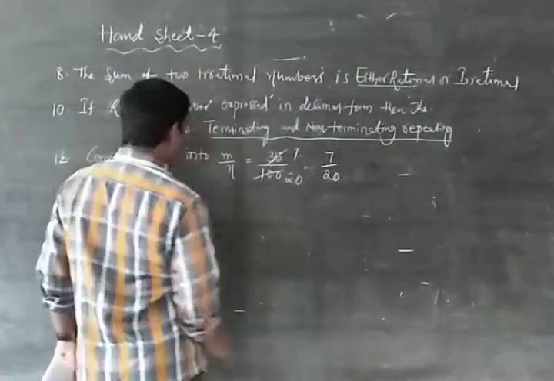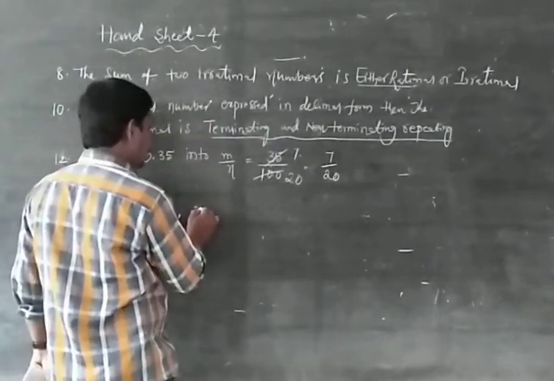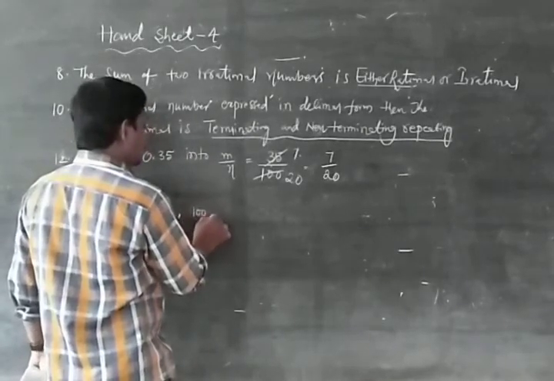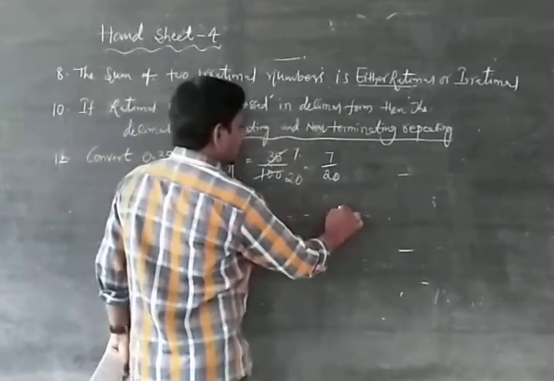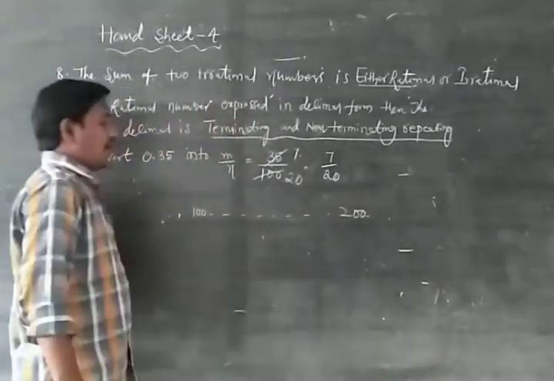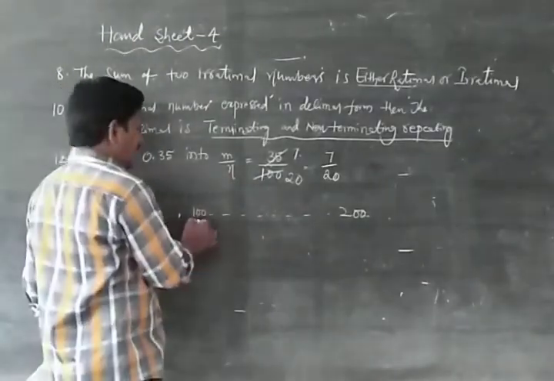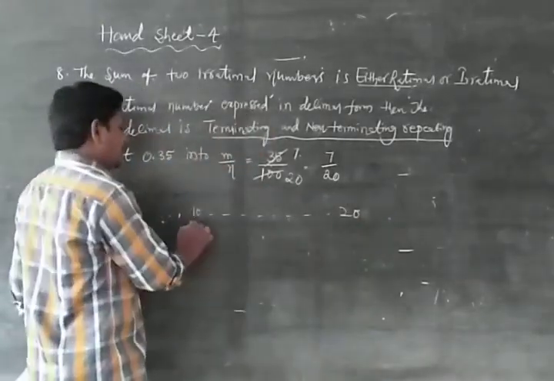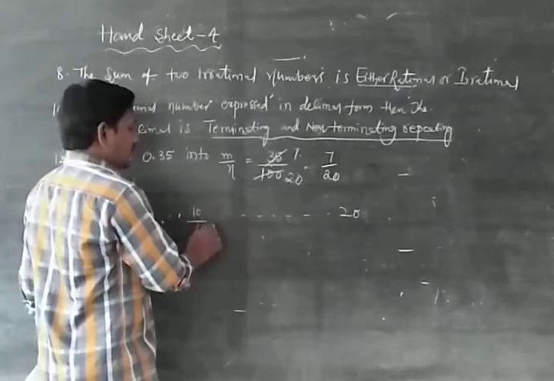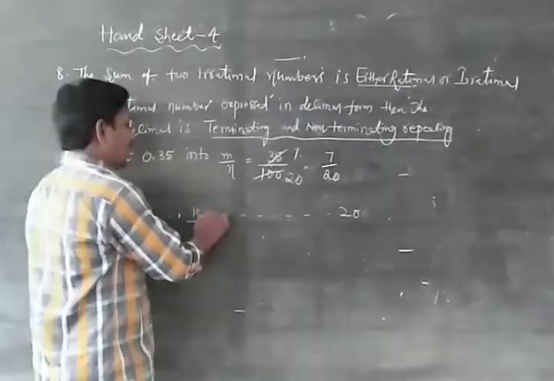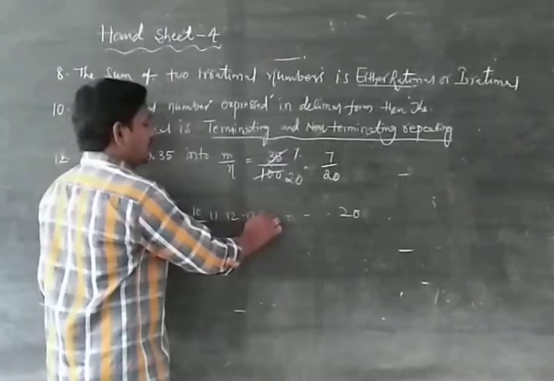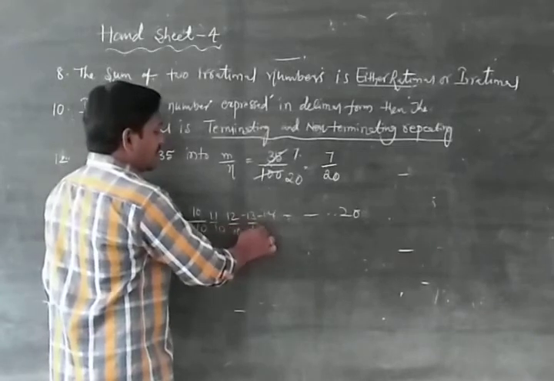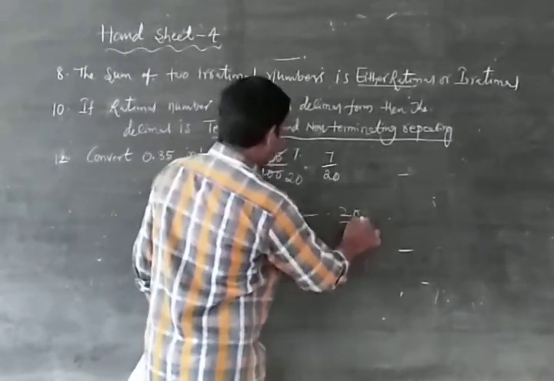Take 100 and 200, and divide by 10. Every number: 11, 12, 13, 14, and so on, becomes 11 by 10, 12 by 10, 13 by 10, 14 by 10, and so on.